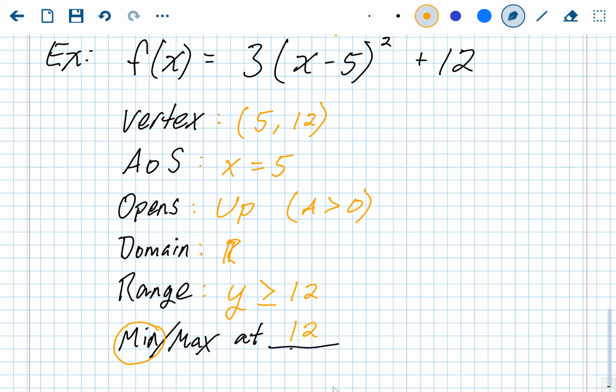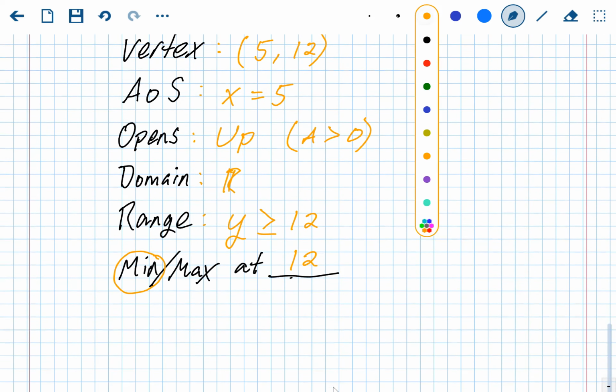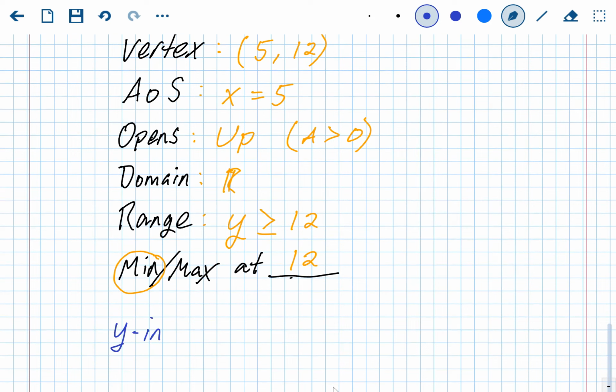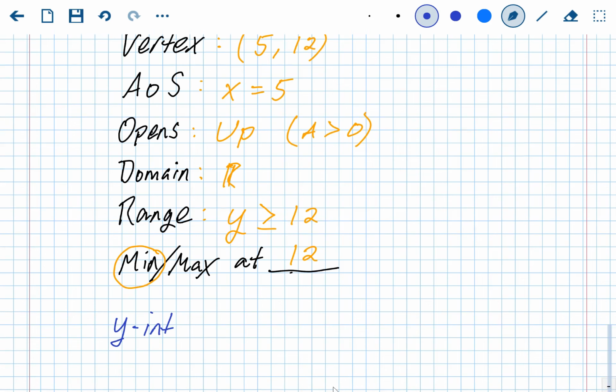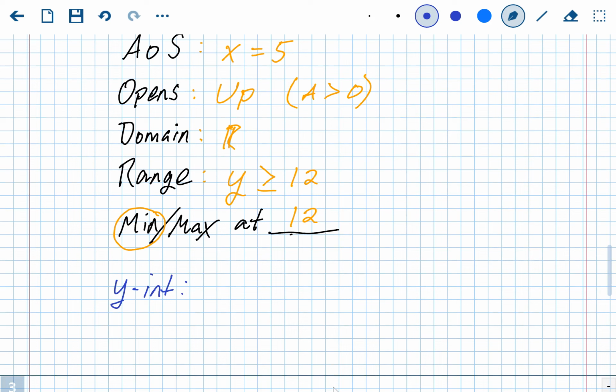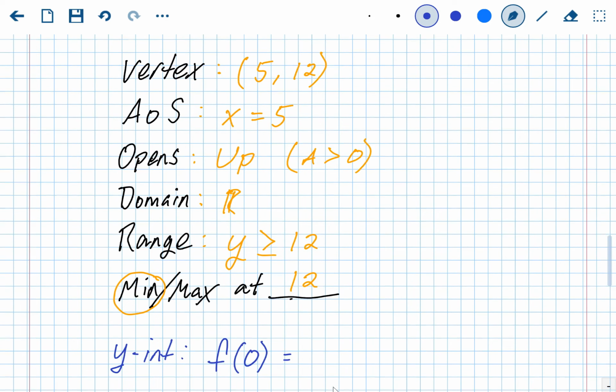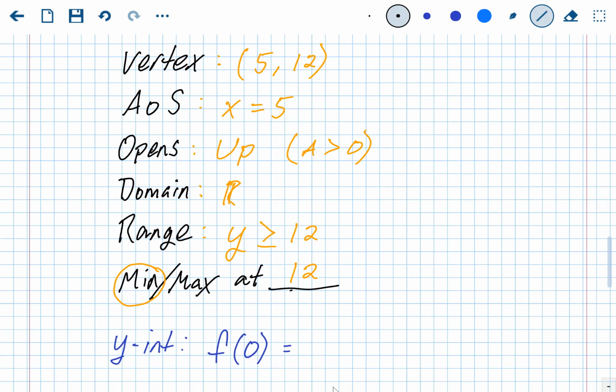Now let's find the y-intercept. The y-intercept is always when x is 0. Now again, if you think about our graph, I'll just do a quick sketch.